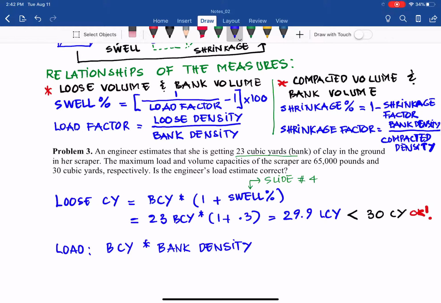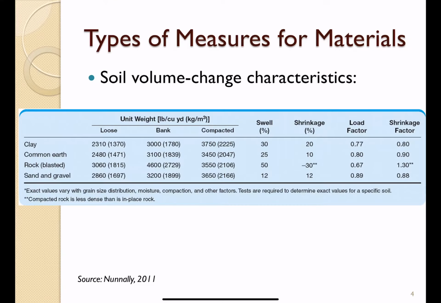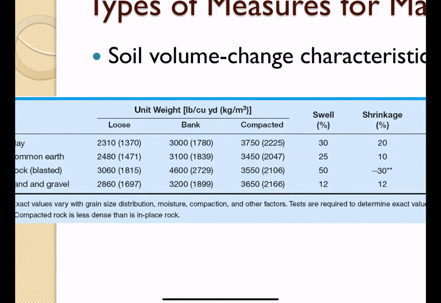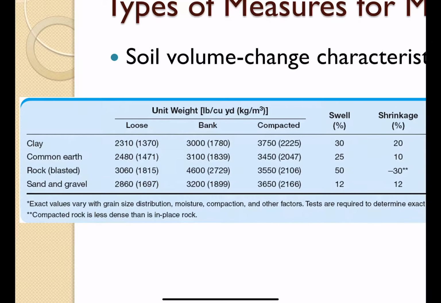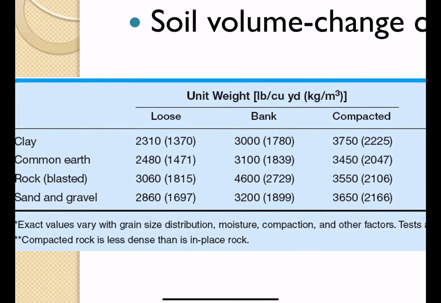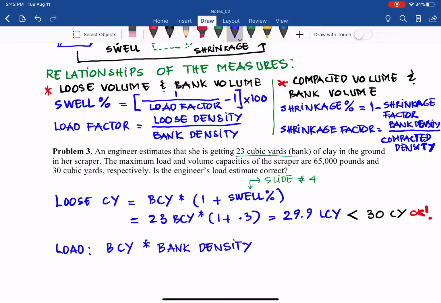Use the table. Let's see for this one with clay: the bank density is 3,000 pounds per cubic yard, or you get the loose cubic yard times the loose density, 2,310 pounds per cubic yard. Either way you will get a similar answer.